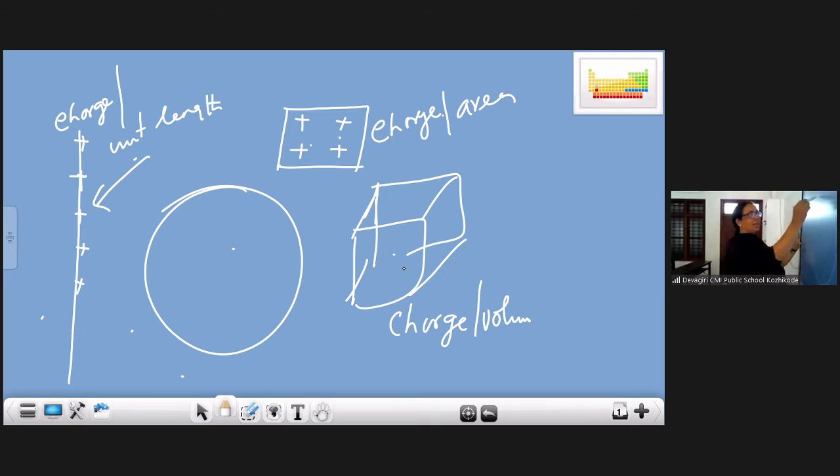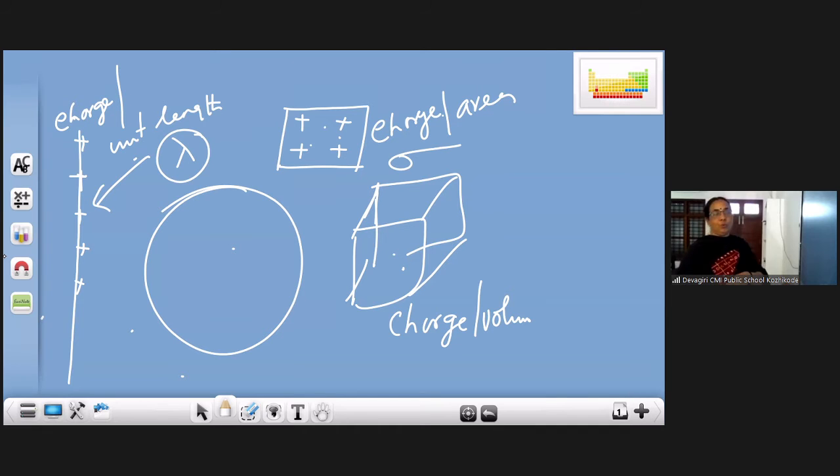Charge per unit length is denoted by the letter lambda, charge per unit area by sigma, and charge per unit volume by rho. These are the common notations we use for uniform charge distribution. In all these cases I am considering uniform charge distribution. For example, a thin rod has charge per unit length.